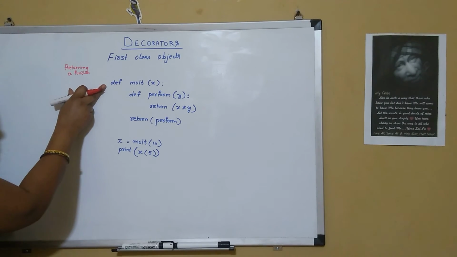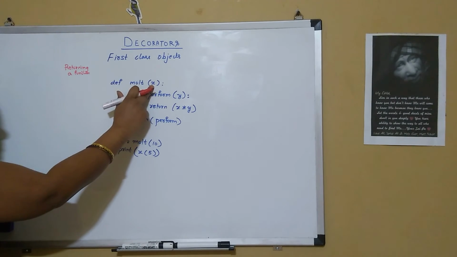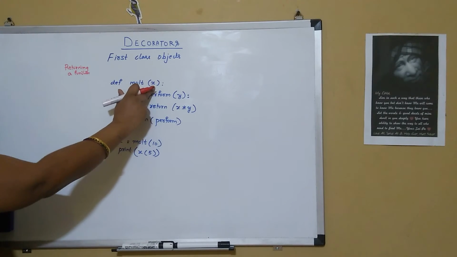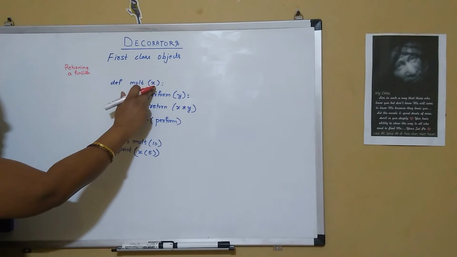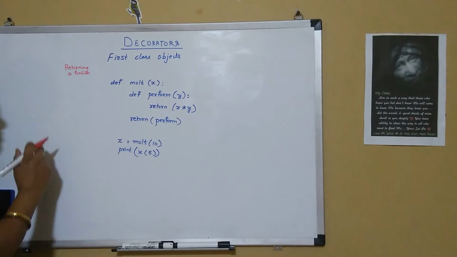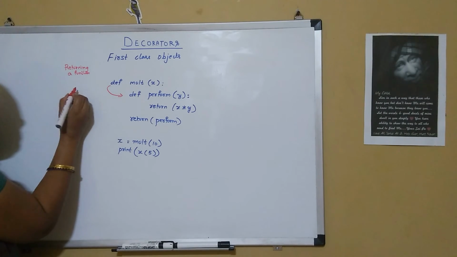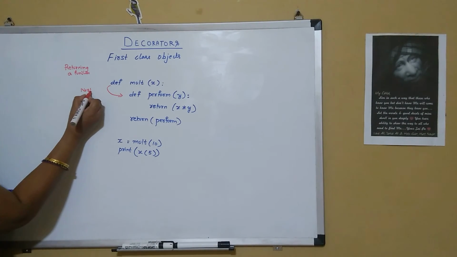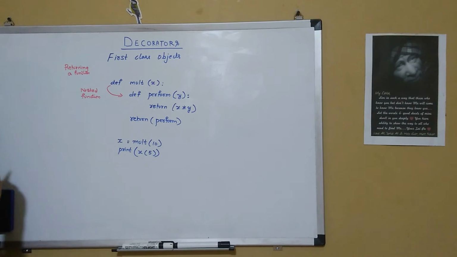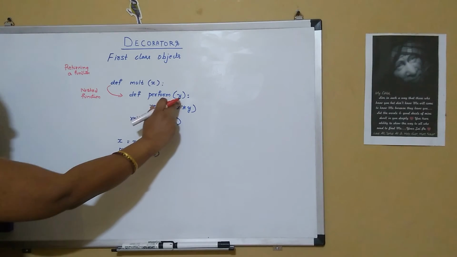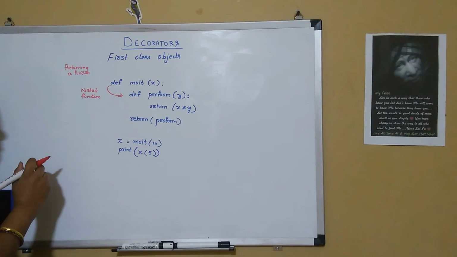This is the function called mult, which has one variable x, to which we are passing the value from here. Within this, it has another function. So it is a case of a nested function, that is a function within another function. And here it is taking the value y.